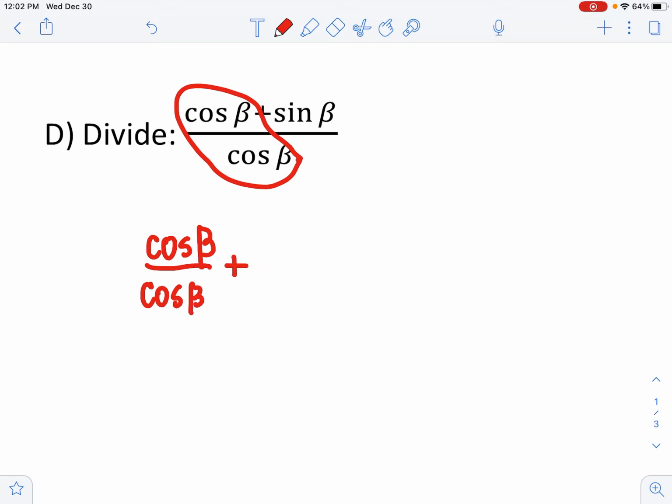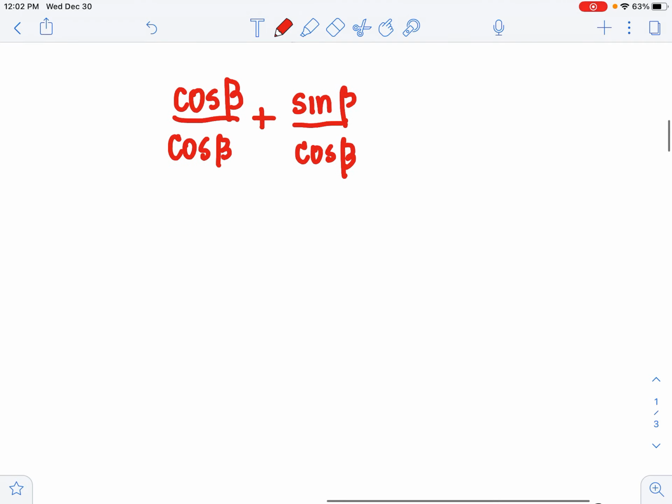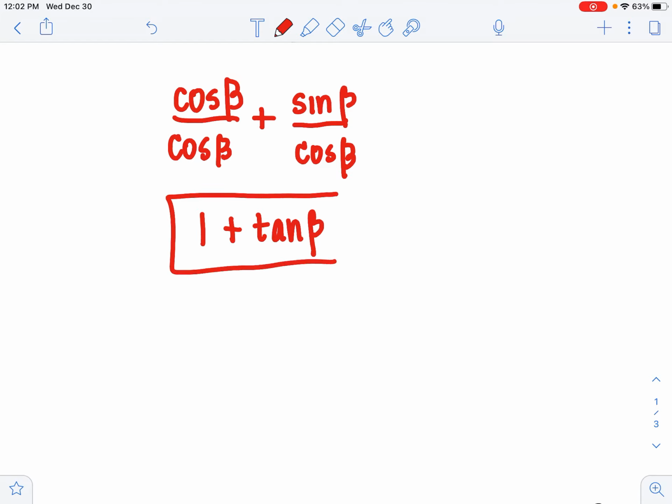Steps are more important. And I have the plus sign, and I can divide this, so sine of beta divided by cosine of beta. All right, cosine of beta over cosine of beta is 1, plus, and then what can I change sine over cosine to? Tangent of beta. Right?